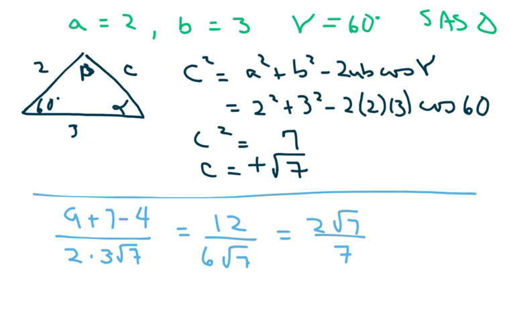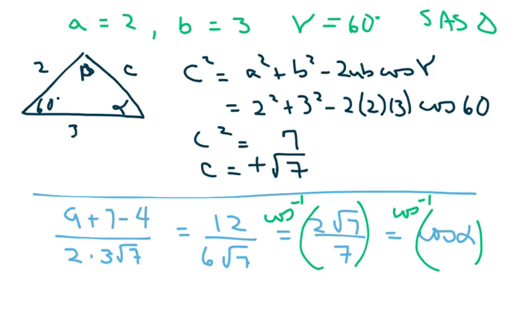This equals cosine of alpha. Now you take the inverse of both sides, and your alpha is going to equal 40.9.